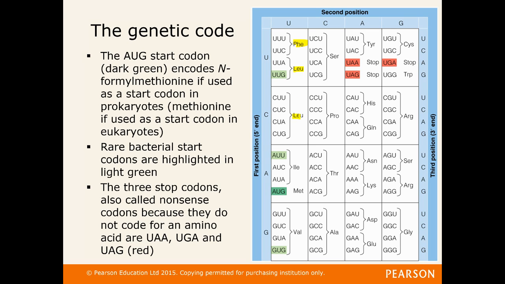Here's some more for leucine, proline, serine, tyrosine, histidine, arginine, methionine, there's start, valine. Okay, so you're getting the point that each of these code for amino acids. So CCU would be proline, ACU, threonine, okay?